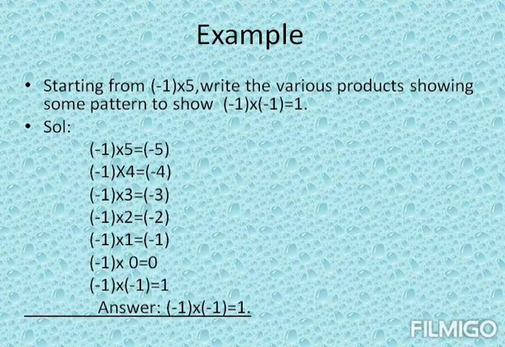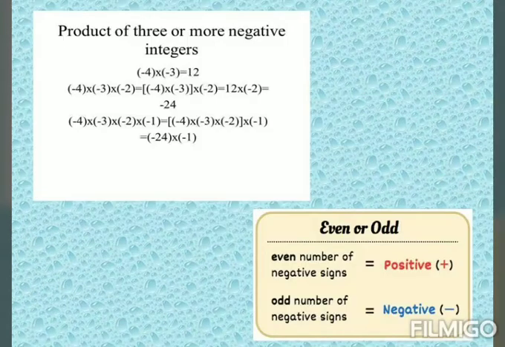So minus 1 into 3 equal to minus 3. Now after reducing minus 1 from 3, we get minus 1 into 2 equal to minus 2. Similarly, after reducing minus 1 from 2, we get minus 1 into 1 equal to minus 1. Now also reduce minus 1. Minus 1 into 0 is 0. So in the next step, minus 1 into minus 1 equal to plus 1.